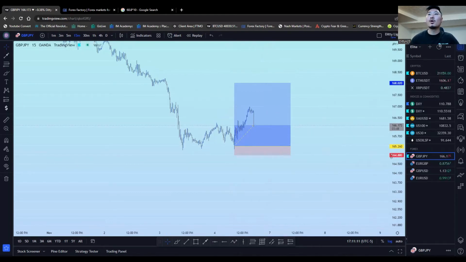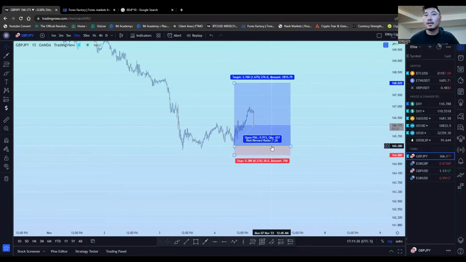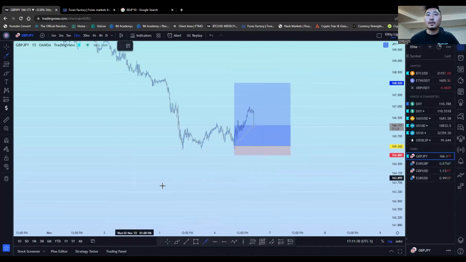The stop loss is 164.88. I take the dot, put it at the second decimal, do the entry price minus the stop loss, and it gives me 38 pips that I'm risking on that setup.